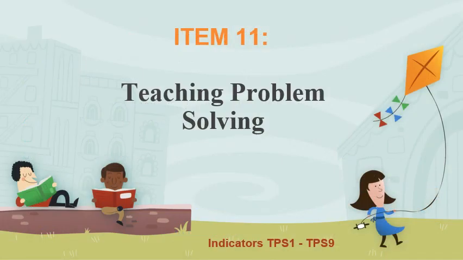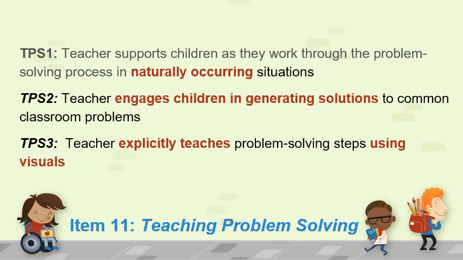Item 11, teaching problem solving, has 9 indicators. Indicator 1, TPS1. Teacher supports children as they work through the problem-solving process in naturally occurring situations.